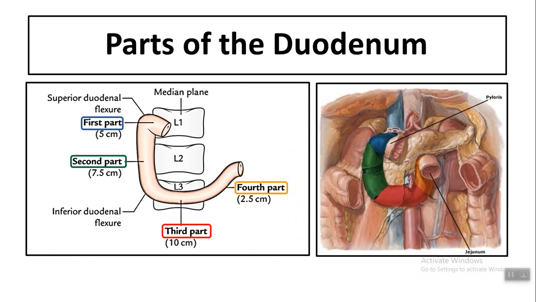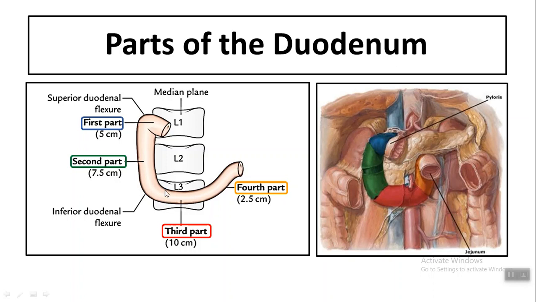For descriptive purposes, we can divide the duodenum into four parts. The first part lies at the level of the first lumbar vertebra at the transpyloric plane. The second part, which is called the descending part, lies on the side of the second and third lumbar vertebra, and receives the opening of the bile and pancreatic ducts.